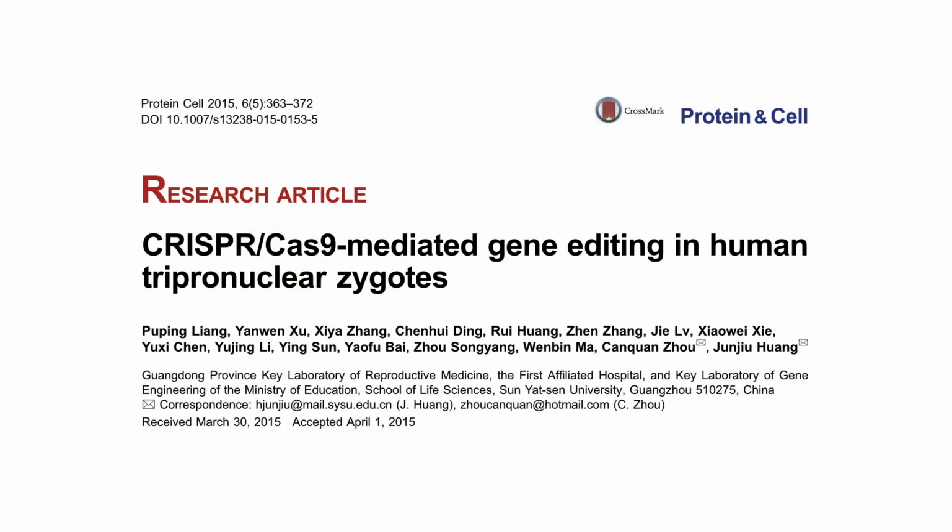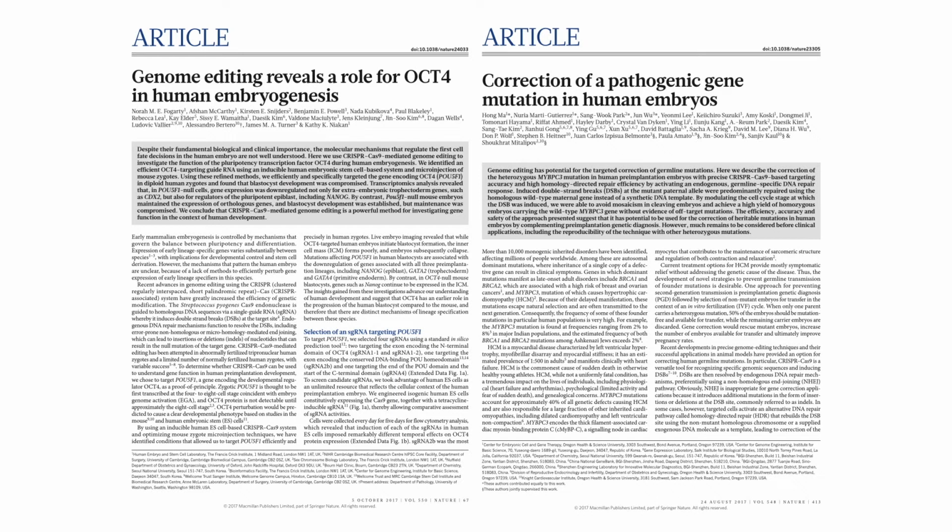A first paper appeared in Protein & Cell in 2015, reporting the CRISPR-mediated editing of human zygotes in China. Following experiments in China, the US, and the UK confirmed that the technology can be successfully applied to human embryos to reveal the function of specific molecules during embryogenesis and also to correct pathogenic gene mutations.